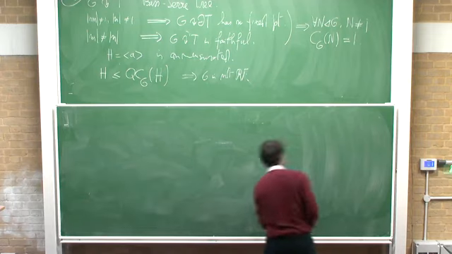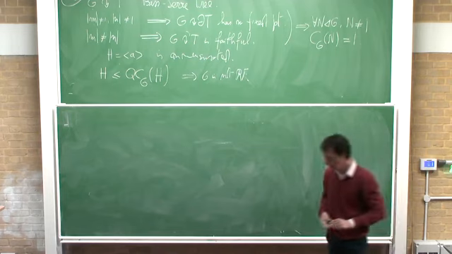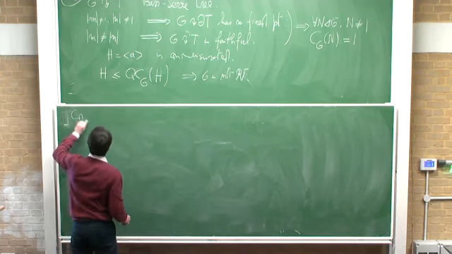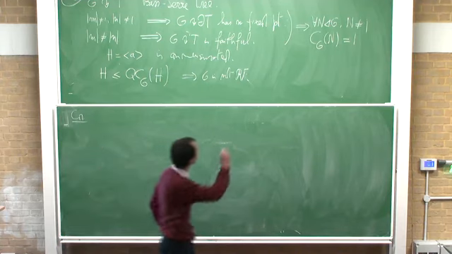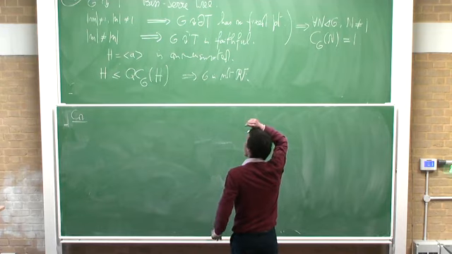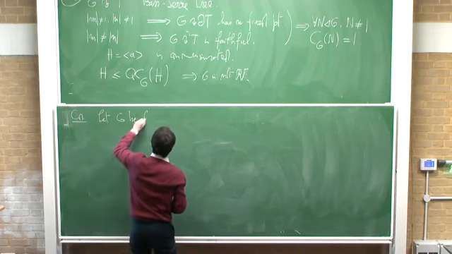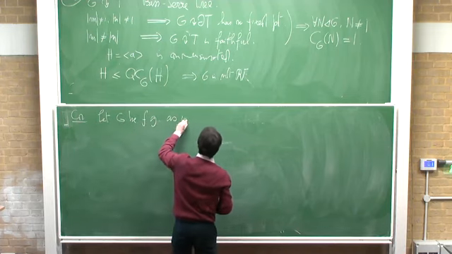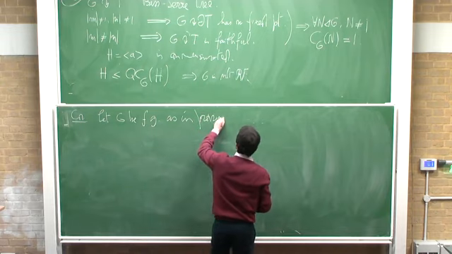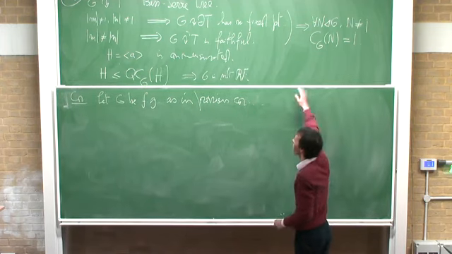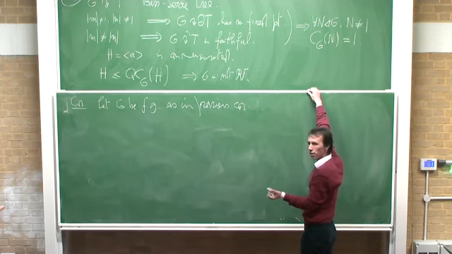And let me still build up on this. So let G be finitely generated as in the previous corollary, so every infinite normal subgroup has trivial centralizer.